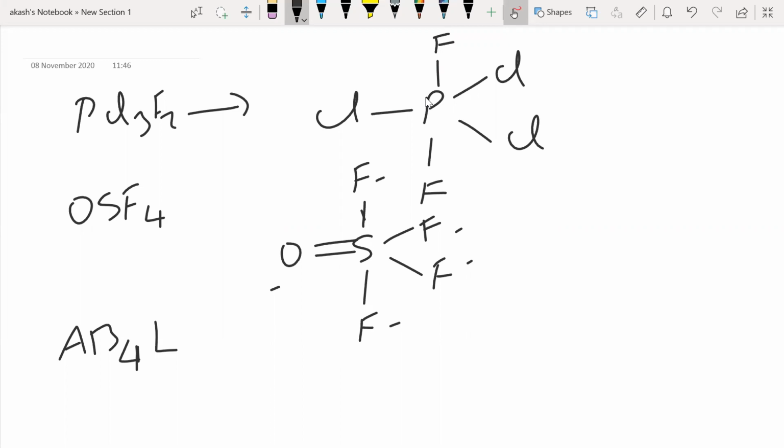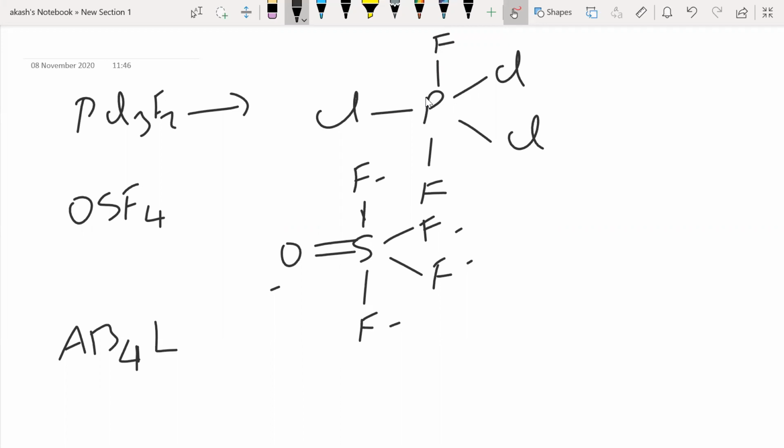So the lone pair in a TBP geometry should be placed in the equatorial position. The more electronegative atom goes to the axial position, and the lone pair, if you have any, should go to the equatorial position.